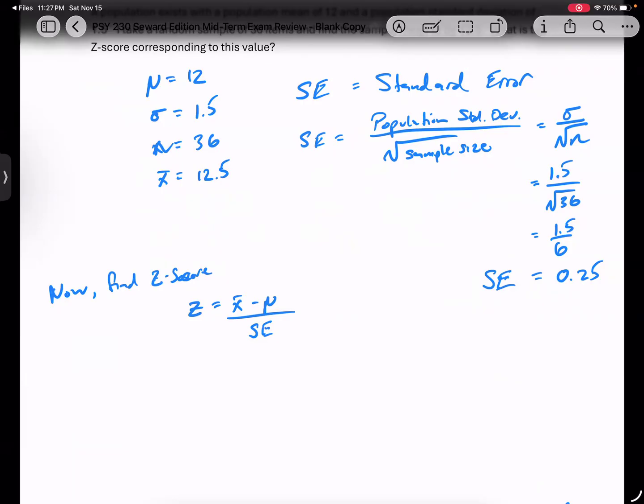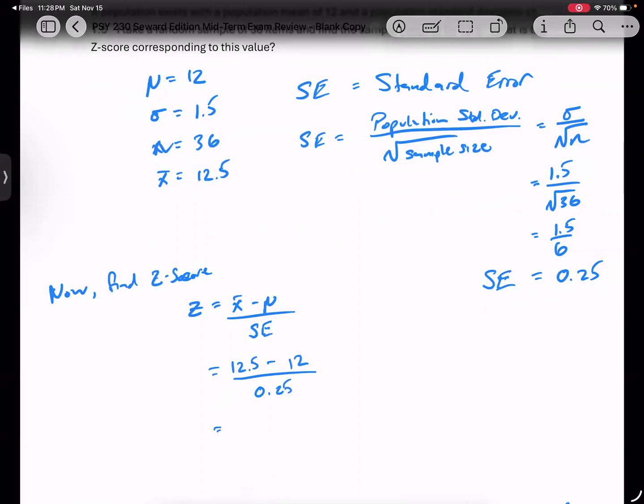And again, the population deviation is going to be replaced by the standard error. So that means the z-score would be 12.5, which is my x, minus 12, which is my mu, divided by the standard error, which is 0.25.